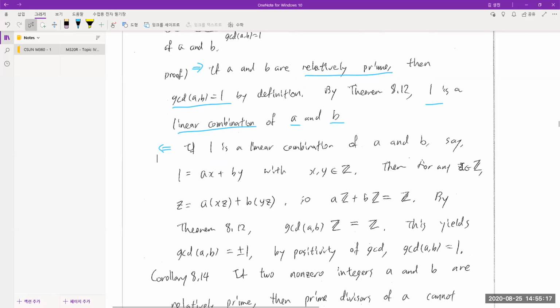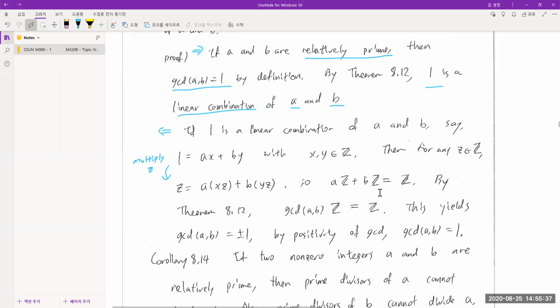And for any integer z, z equals axz plus byz by multiplying z to the above identity. So any integers can be written as an integer linear combination of a and b.